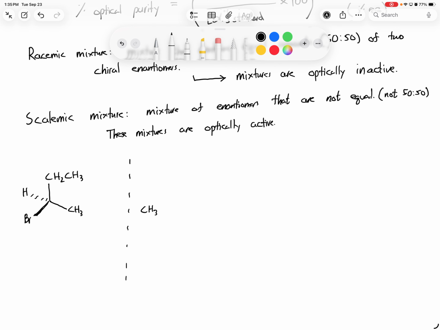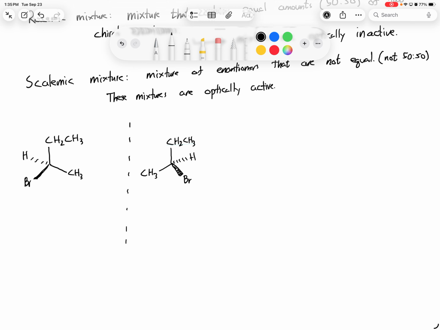So CH3, my carbon right there, CH2, CH3, Br, H. All right, the specific rotation of each of these at 25 degrees Celsius, sodium D line: enantiomer A is negative 23.1 degrees.